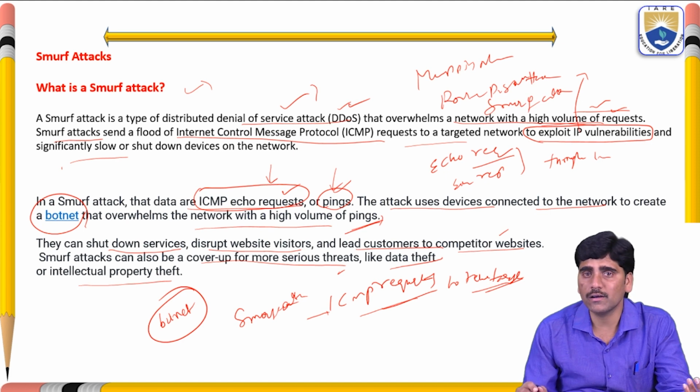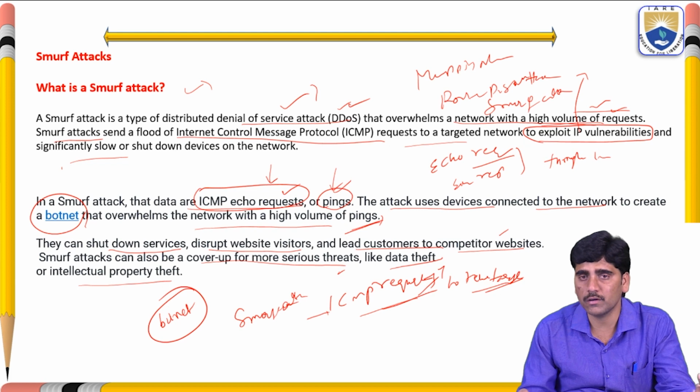To attack the target system, the Smurf attack sends ICMP echo requests. Those who reply to that ICMP echo request cause more damage.